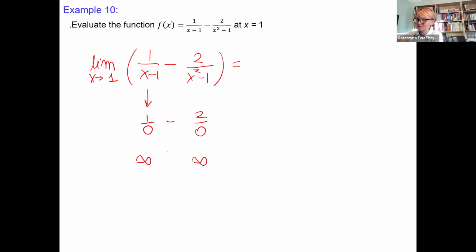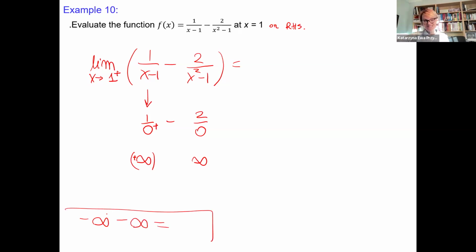It's a difference. But I think I have to indicate, let's say, evaluate the function at x equals 1 on the right-hand side, okay? Because then we can see this is positive, and that's important. If we end up with negative infinity, for instance, minus infinity, is this indeterminate?